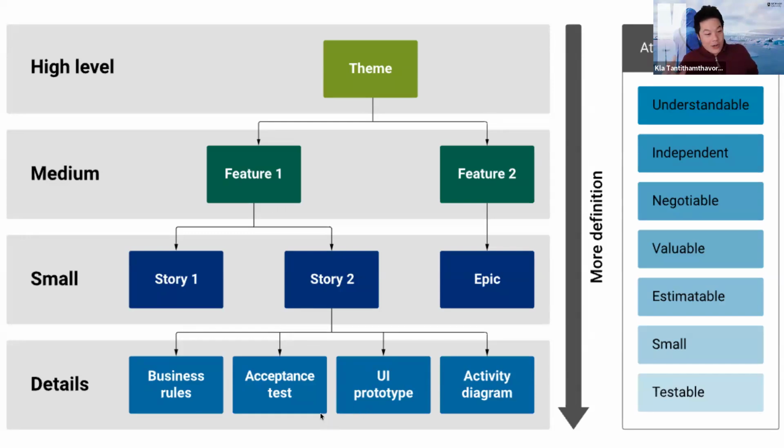When we want the click and collect feature, there are other details that we need to write down as well. For example, what would be the business rules? How should we test whether this feature is actually implemented correctly or not? The business rule, for example: click and collect doesn't mean that the customer can collect at any time.